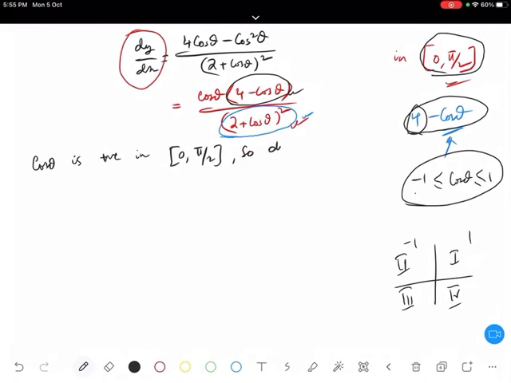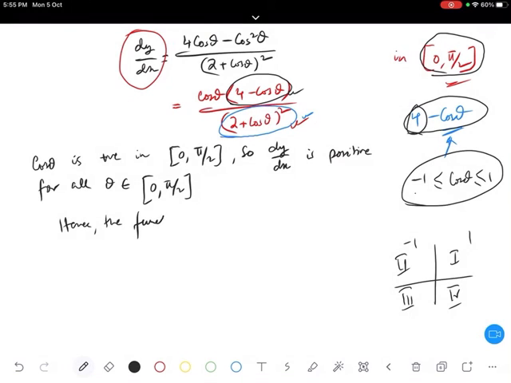So dy/dx is positive for all theta belonging to 0 to pi by 2. Hence the function is increasing. I don't have to find the critical point in here.